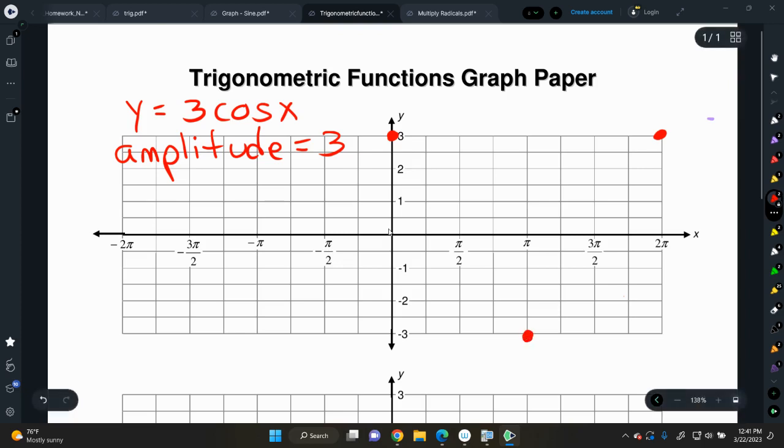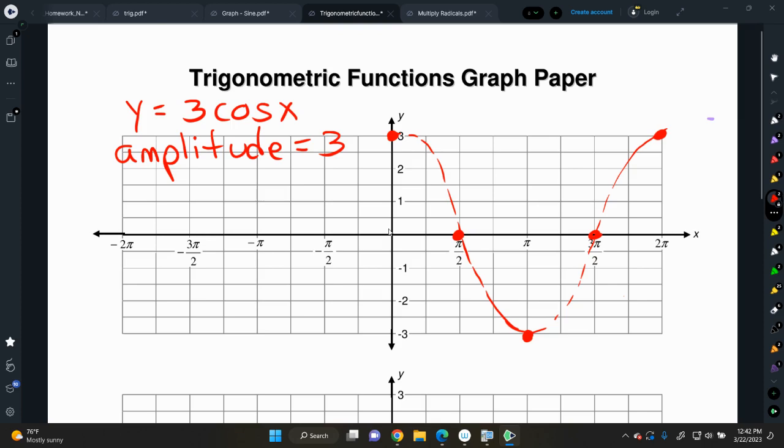Good. Halfway between those 2 points, we have 0 and 0 here. Make sure that you draw that curvy. We don't want it to look like an absolute value, right? Draw it nice and curvy. And there you go. Feel good about that?